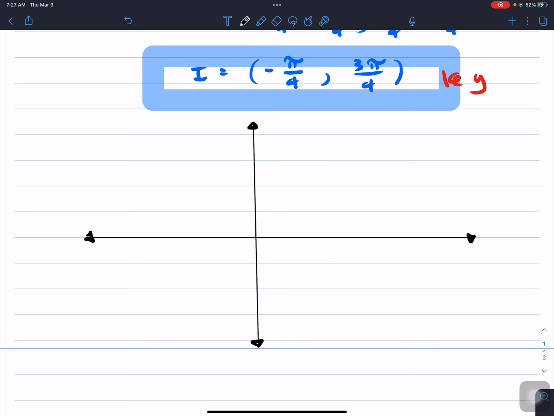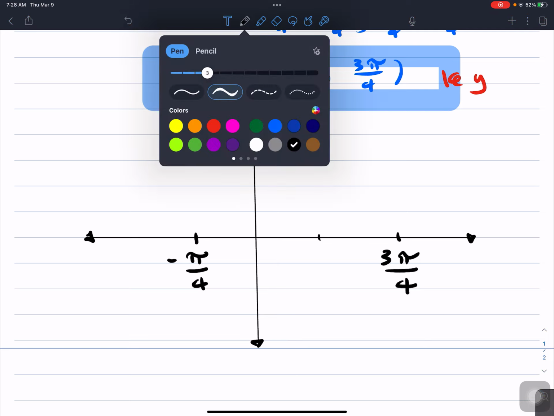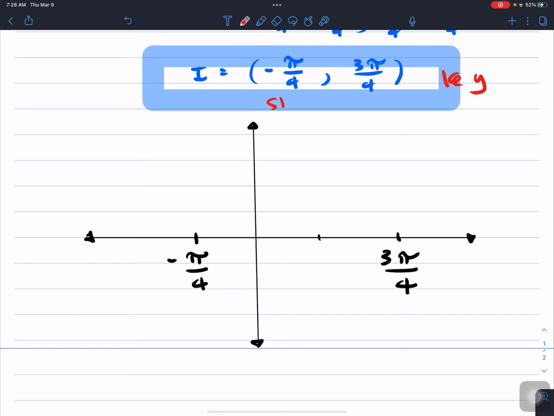We're going to have to locate negative pi over 4 and 3 pi over 4 here. It's because this is where you start and this is where you end.